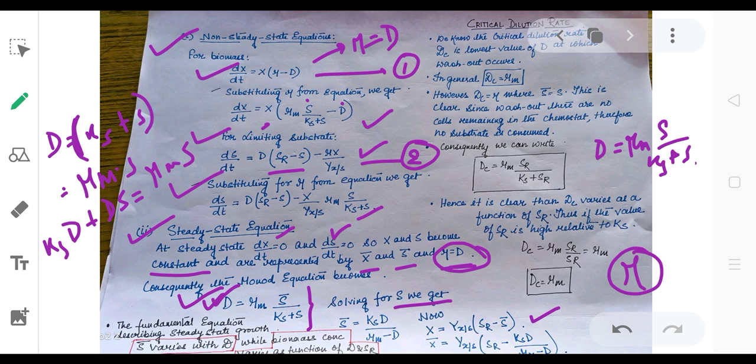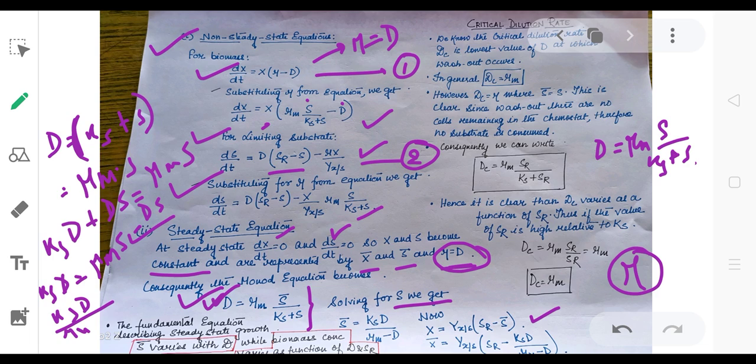So what is your s? ksd is equal to mu m s minus ds. So you take s as common. So what you get? You get ksd is equal to s into mu m minus d.